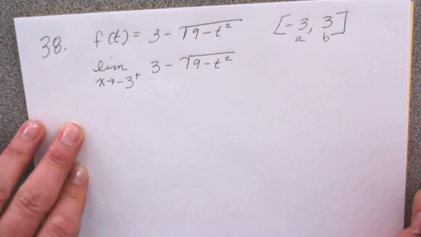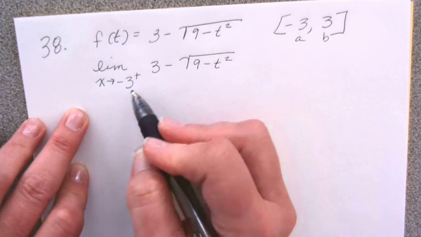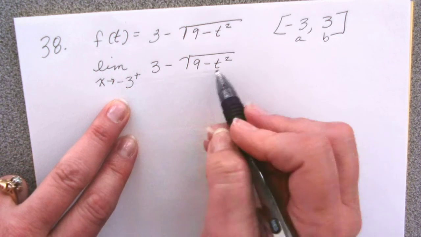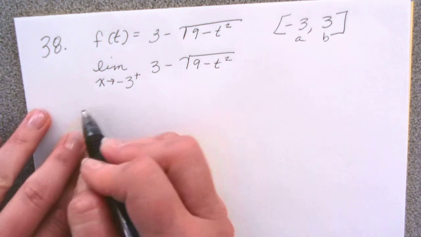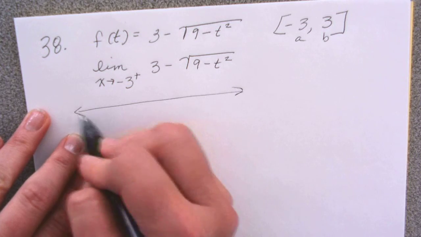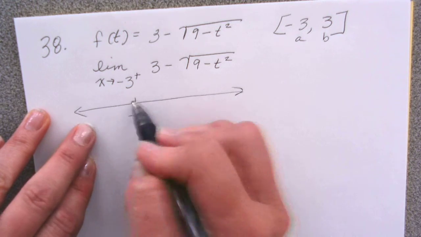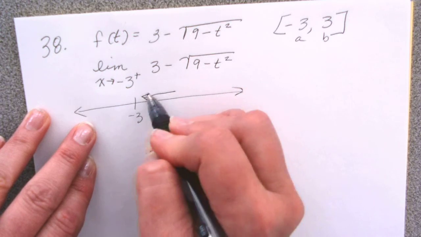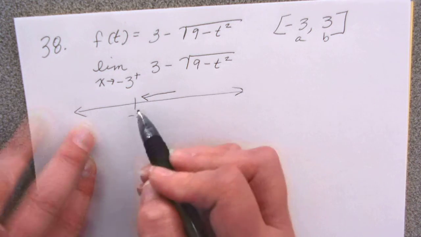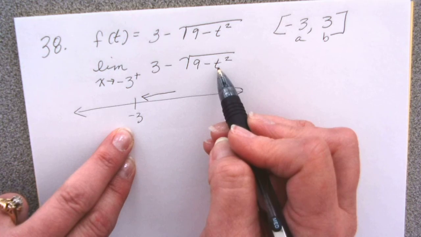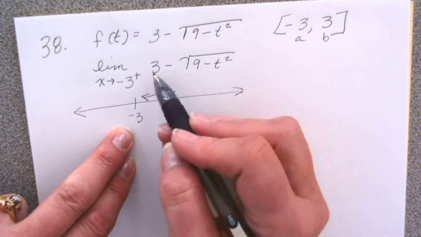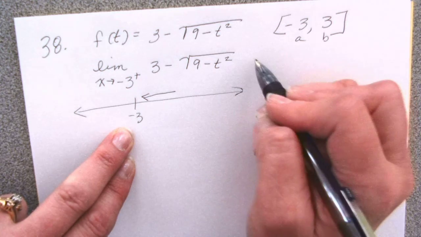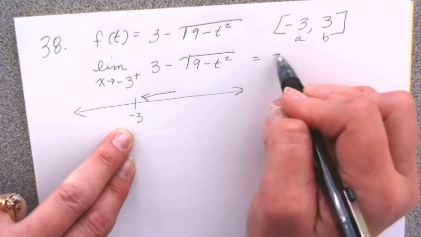If I plug -3 in there, think about coming to -3 from the right, I get 0, right? So 3 minus 0 equals 3.